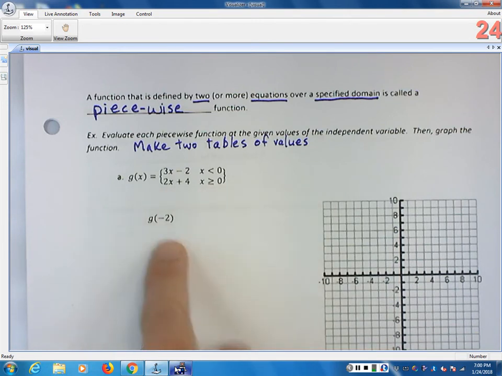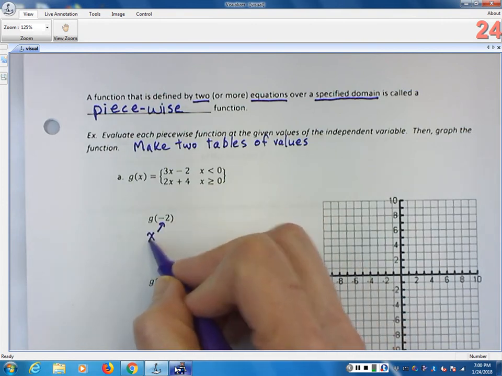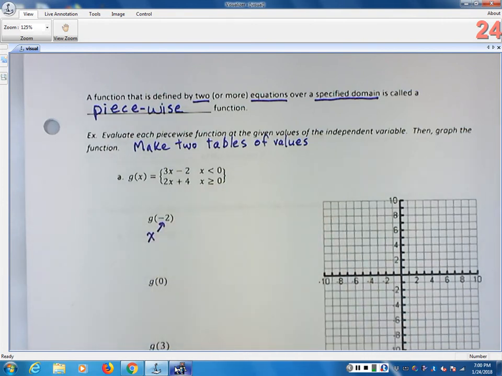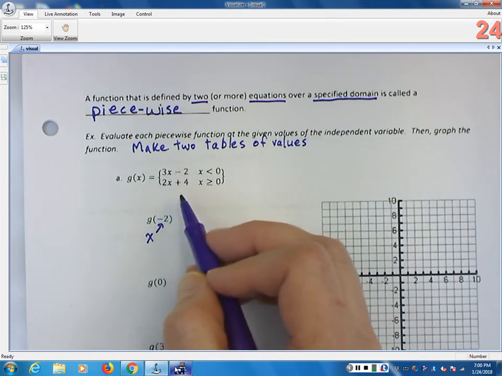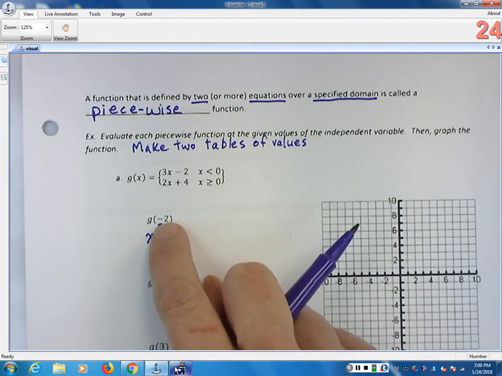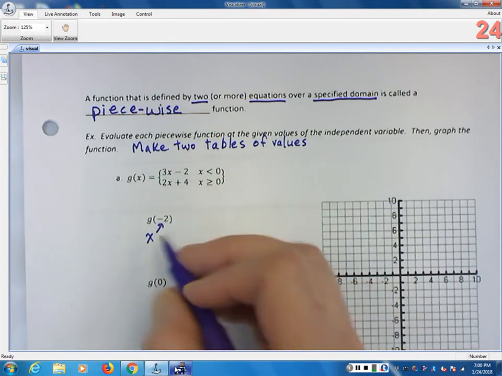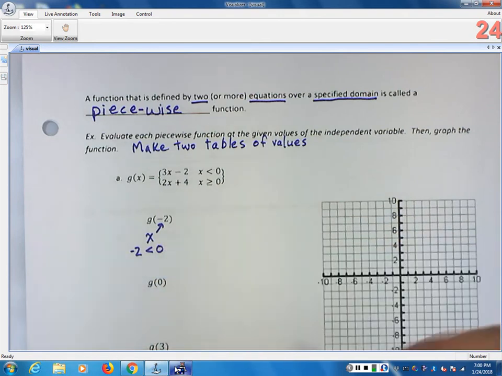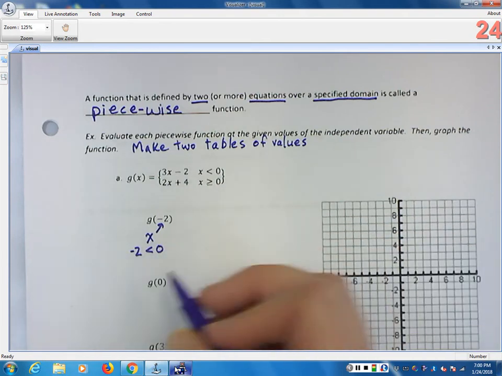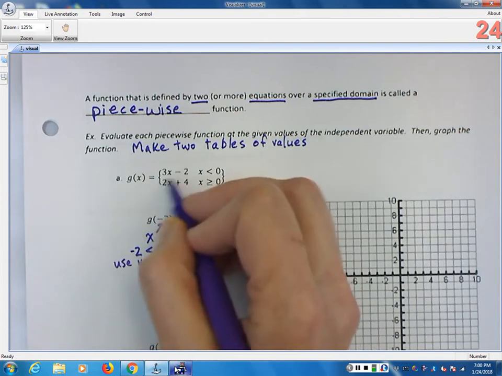So we want to find g of negative 2. Well, negative 2 is x. So which definition are we going to use? Well, is negative 2 less than 0 or greater than or equal to 0? Well, negative 2 is less than 0. You don't have to write all this on your paper. So we use y equals 3x minus 2.